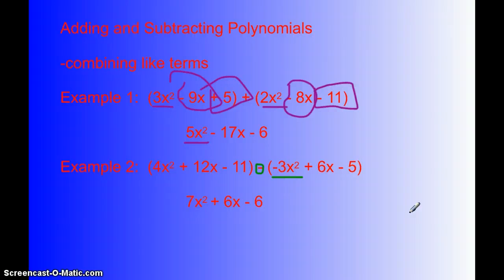So you just need to be careful with that minus sign in the middle, making sure you're applying it to everything in the second polynomial. 12x minus 6x is 6x, and negative 11 minus negative 5 is negative 6. So that's how we're getting to that answer.